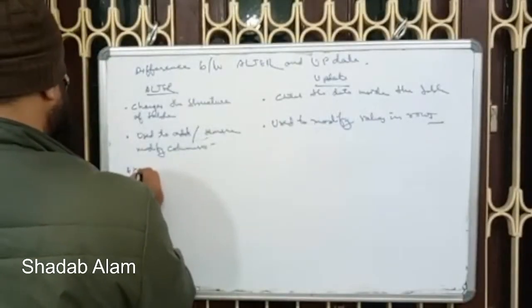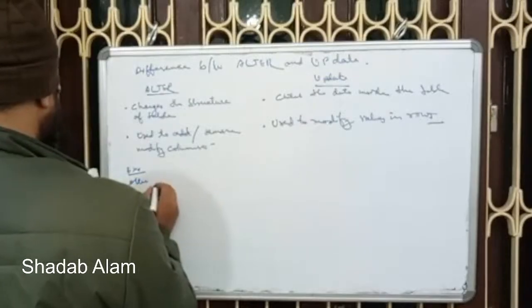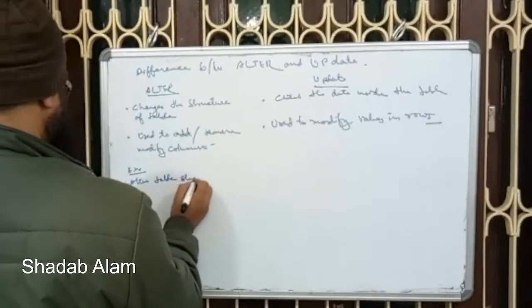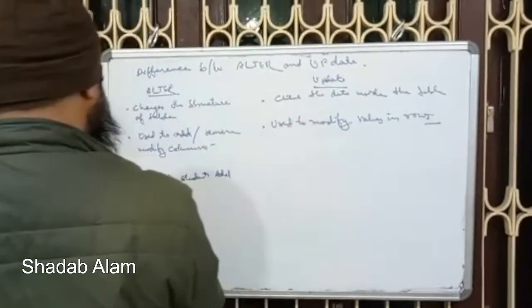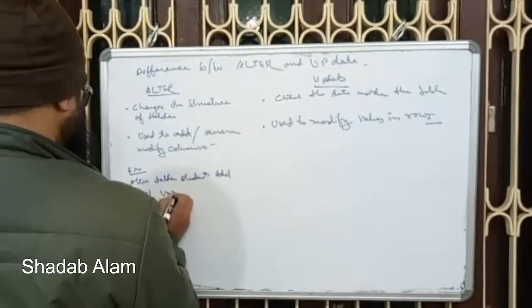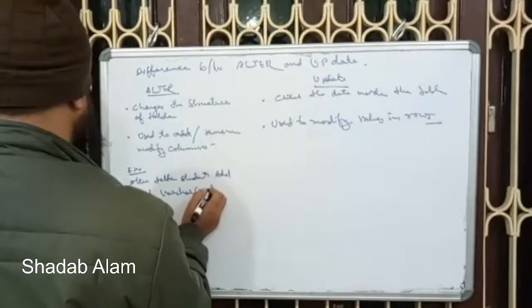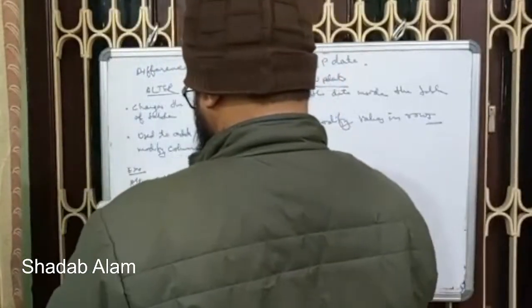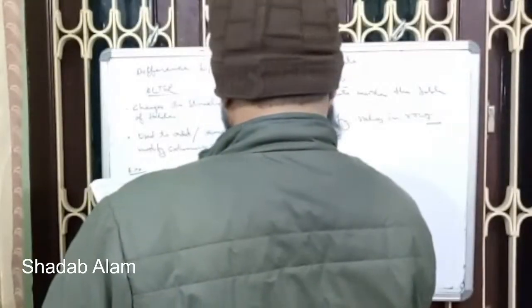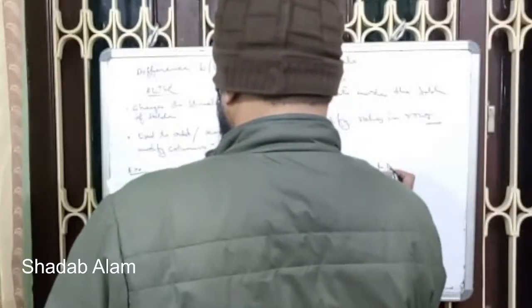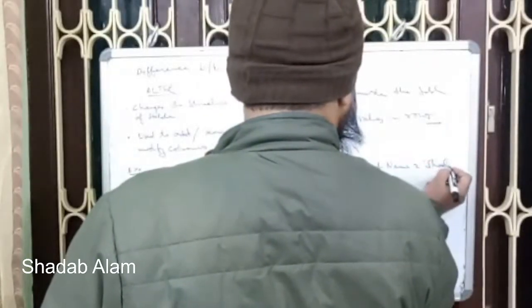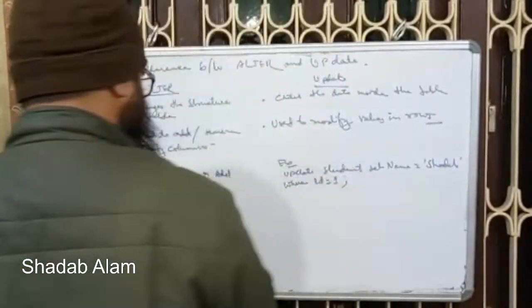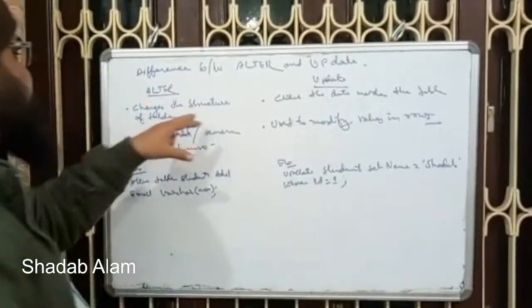Example: ALTER TABLE Students ADD Email. And for UPDATE: UPDATE Students SET Name = 'Shadab' WHERE Id = 1.